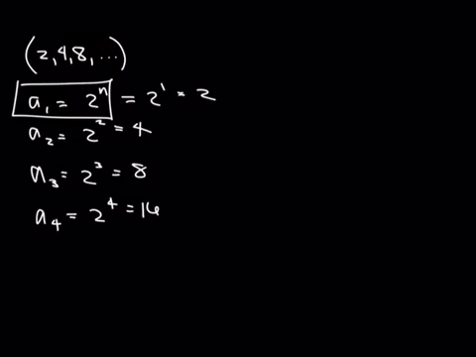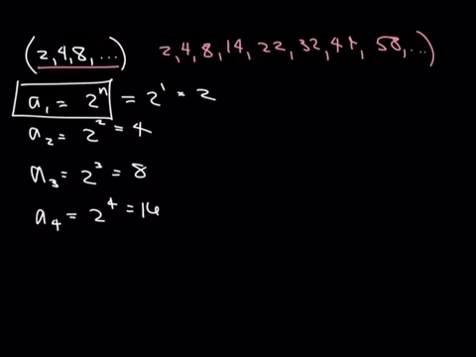This whole thing here would be this way, because we really don't know what comes after 8, just given those numbers. This would be 14, and then we add 8, and then we add 10, and then we add 12, and then we add 14. See, so we could get something like this, or we could get 2, 4, 8, 16, 32 by following this formula, or we could get this by following a different formula.